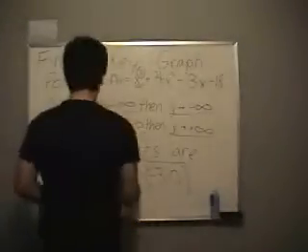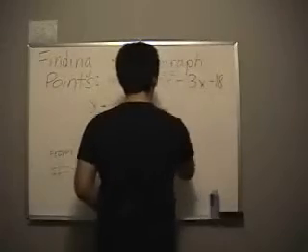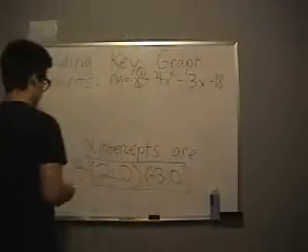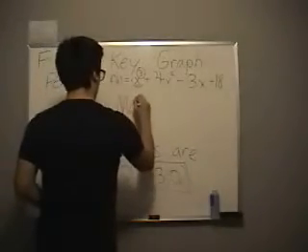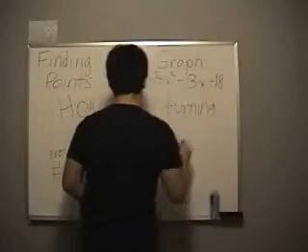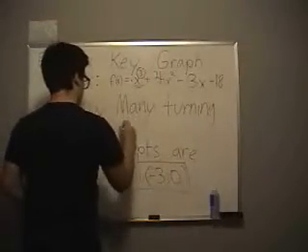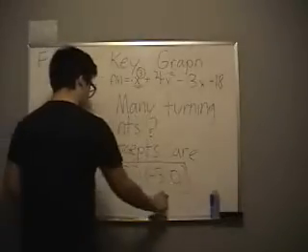The amount of turning points you have are based on the amount of intercepts you have, even if they're on the y-axis. Total for this problem, you have 2 turning points. And that is the answer.